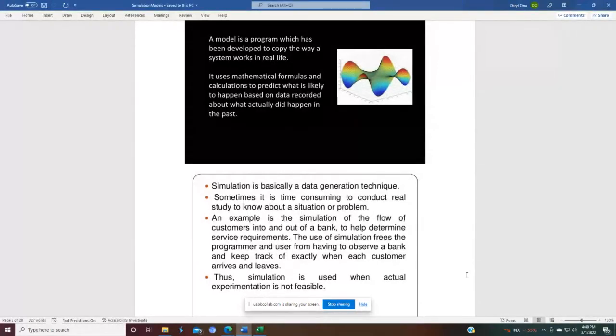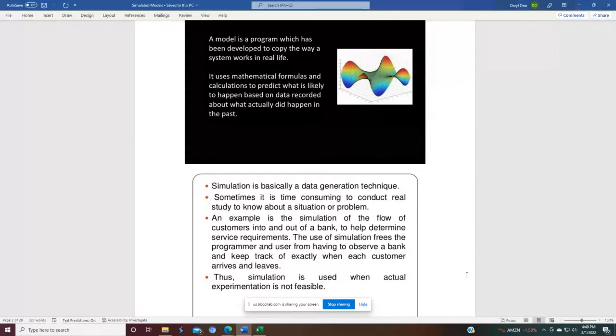Fundamentally, what is simulation analysis? Basically, simulation analysis is a data generation technique. So the simulation that we want to look at today is going to generate data. But that's the way it is with all simulations.